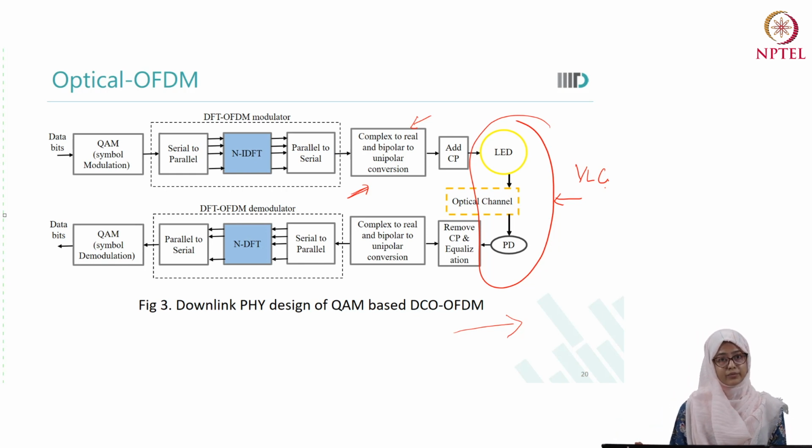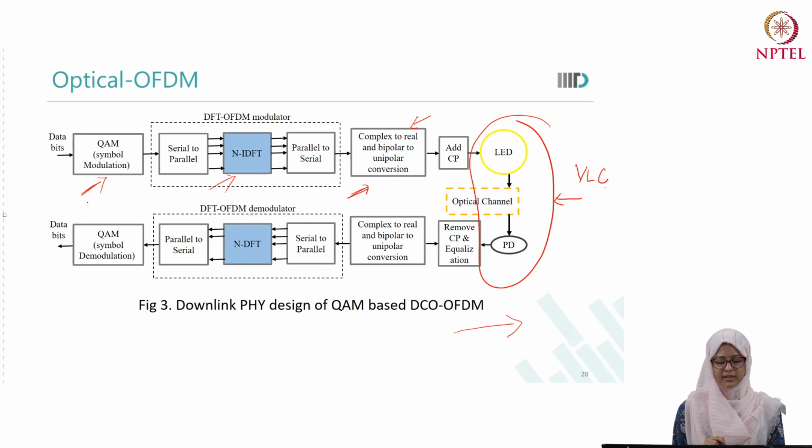The conventional OFDM used in Wi-Fi communication has bipolar and complex symbols, because we are using QAM modulation. In order to make the complex bipolar OFDM signal compatible with IM/DD, the conversion of the complex bipolar signal to a real and unipolar signal is done in optical OFDM, which I have already stated.